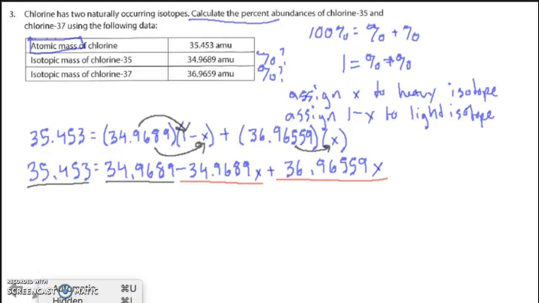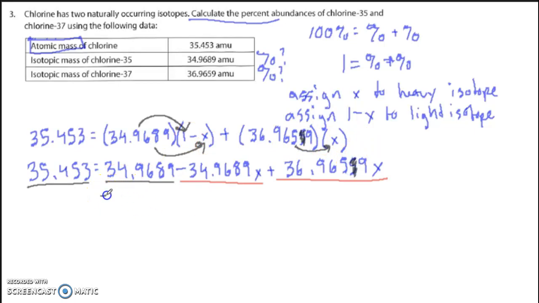And so what's the proper algebraic manipulation to do that? Well, this is all addition and subtraction. So I have to do the inverse operation of that. So this is a positive 34.9689. So I need to subtract that off. Okay? And I'm just realizing I ended up with an extra 5 in here somewhere. Strange.